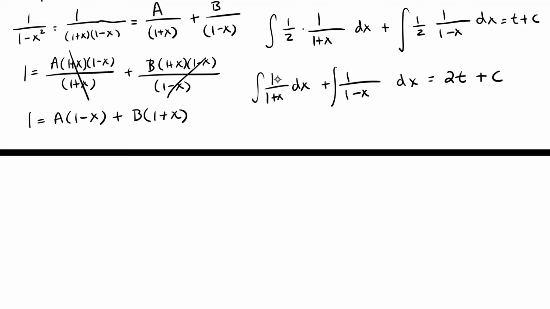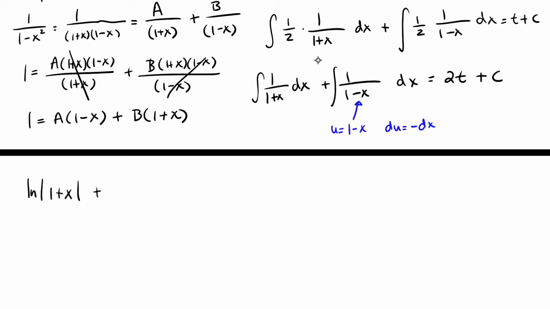Now as we integrate this, with a quick u substitution on both, we get ln absolute value of 1 plus x plus, and now in this case, since our x is negative, we need to be careful as we do our u substitution. u is going to be 1 minus x, and du will be negative dx.